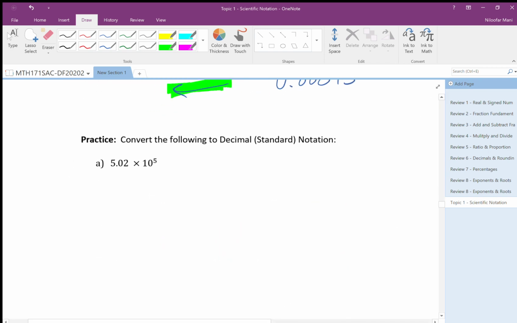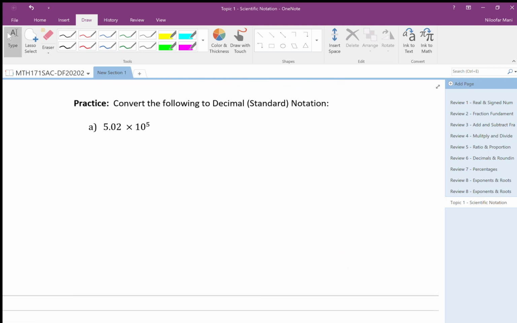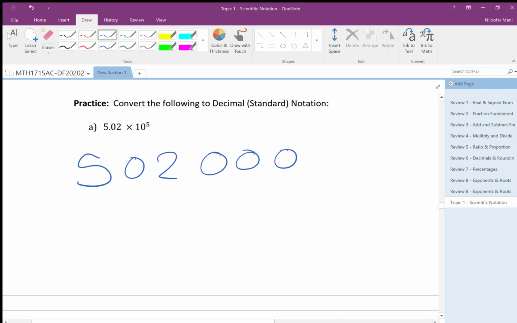Okay, so now practice. Yes, easy. You have to just multiply. Because it's positive, you go to the right. So 5, 0, 2, 0, 0, 0. You just add zeros. It's really like you are multiplying with 100,000.